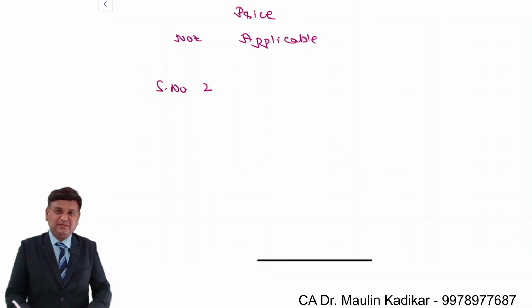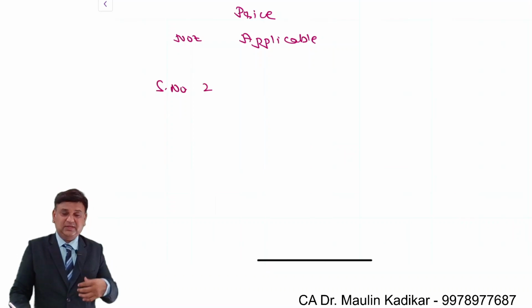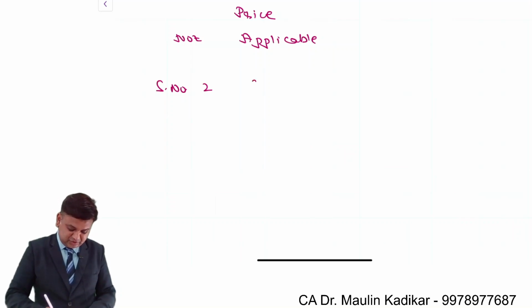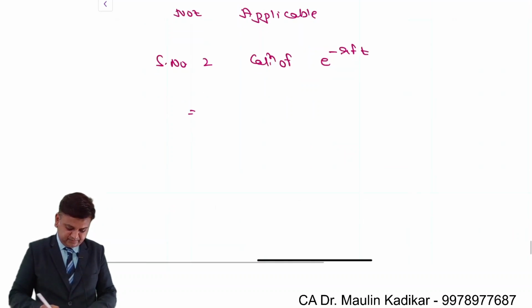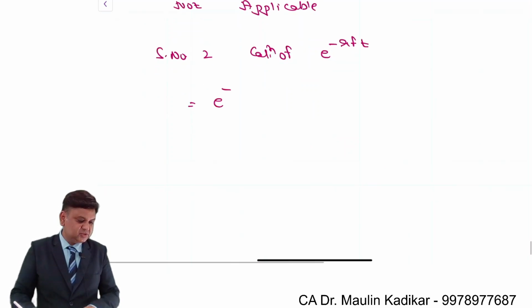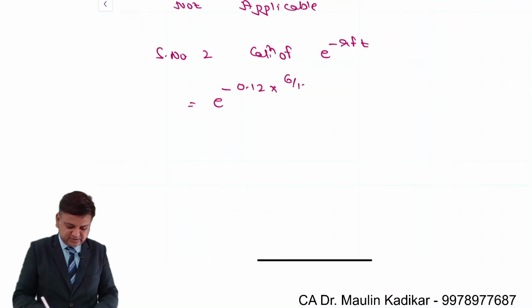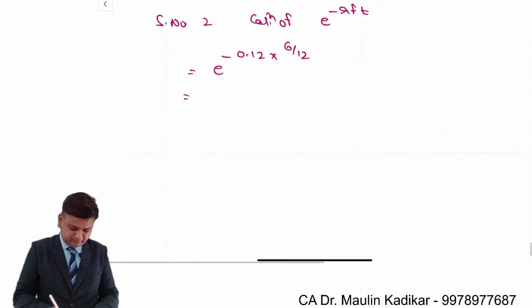Step number 2, calculation of e raised to negative RF into t. So e raised to negative RF, that is 12%, and the time period is 6 months. E raised to negative 0.06.